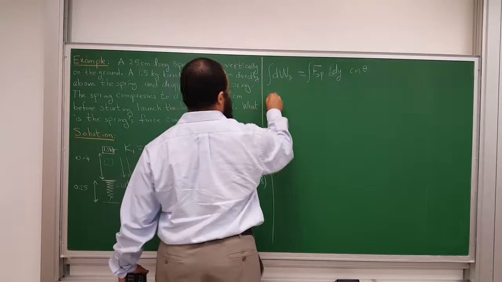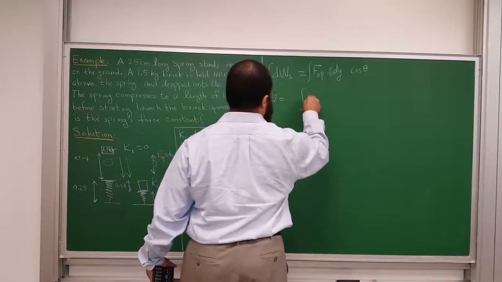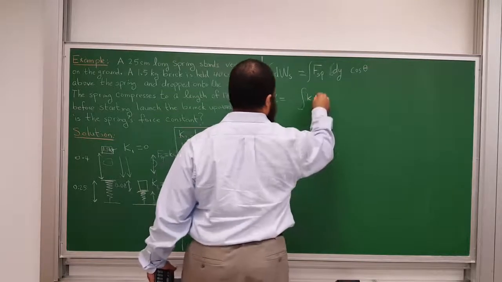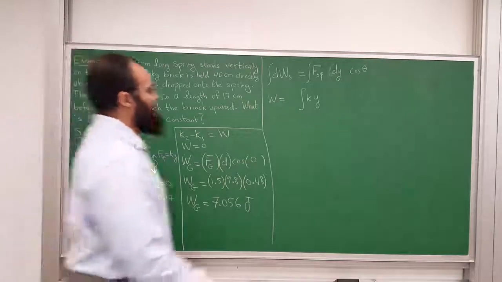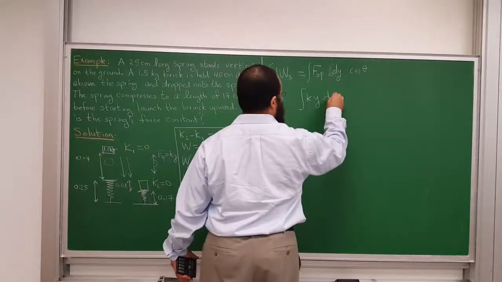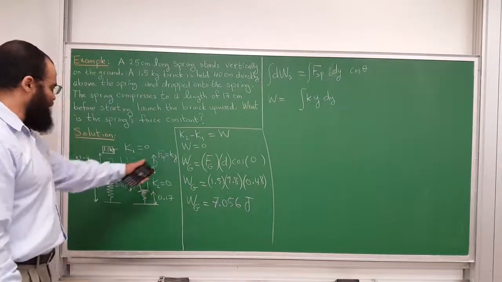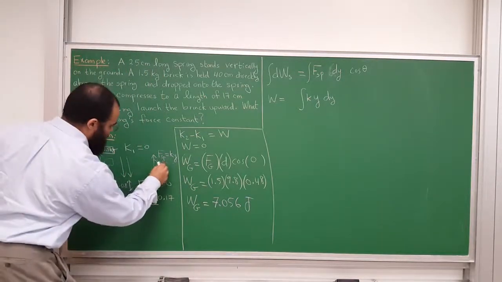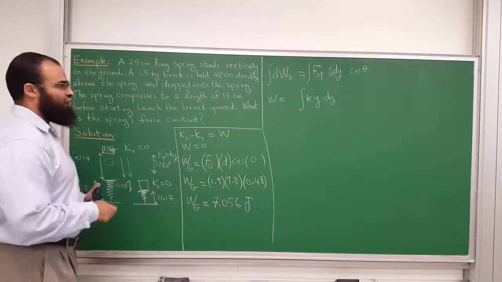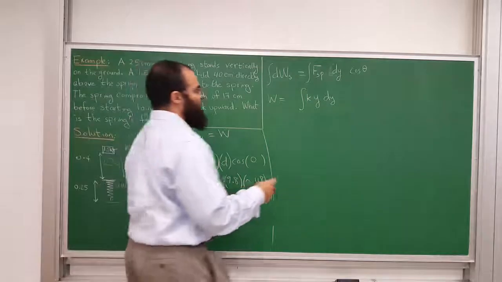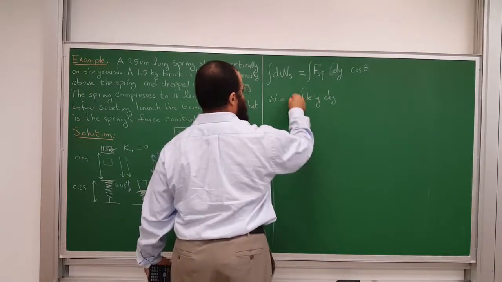So the work done will be this integral, with K times y for the force of the spring, Ky, and then dy, and then the cosine of 180. What is the cosine of 180? Cosine of 180 is minus 1, and so I get negative.